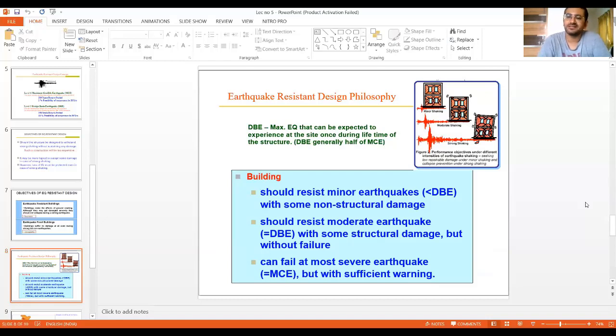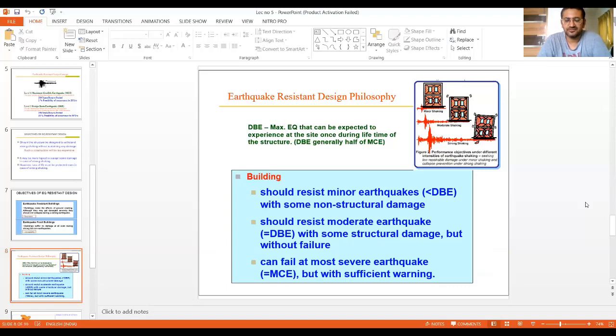So they are saying that in case of minor earthquakes, damage is allowed only in non-structural elements. In case of moderate earthquakes, damage is allowed in non-structural elements as well as structural elements, but the damage in structural elements should be such that it is controllable and repairable. And the third category is severe earthquakes, where damage in structural elements is a possibility, and irreparable damage is also possible.